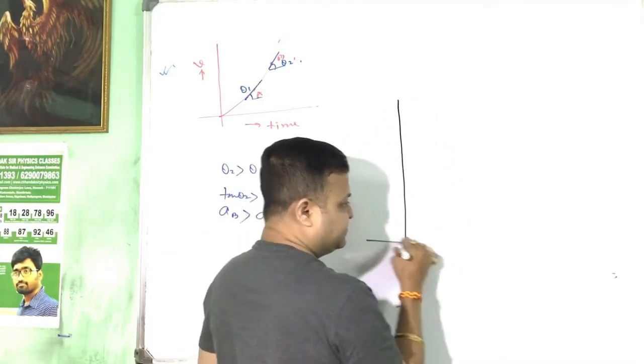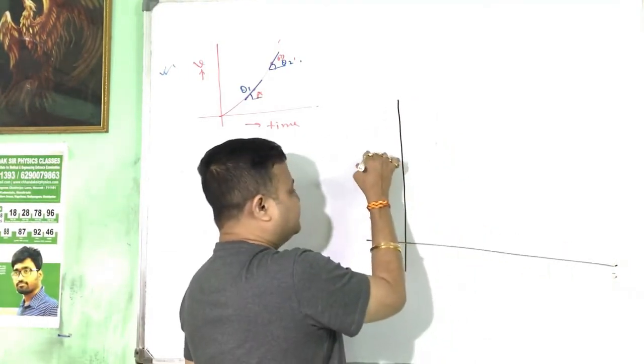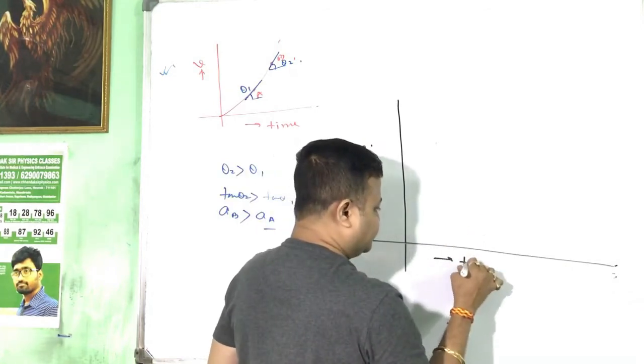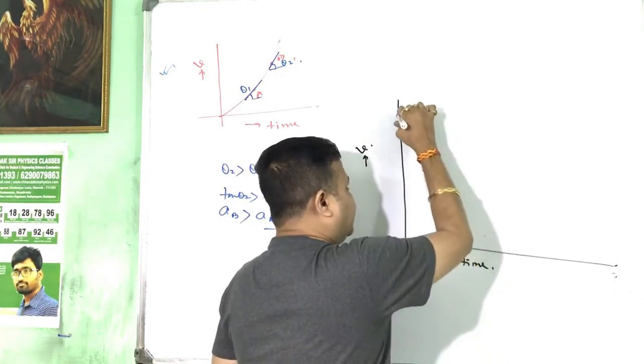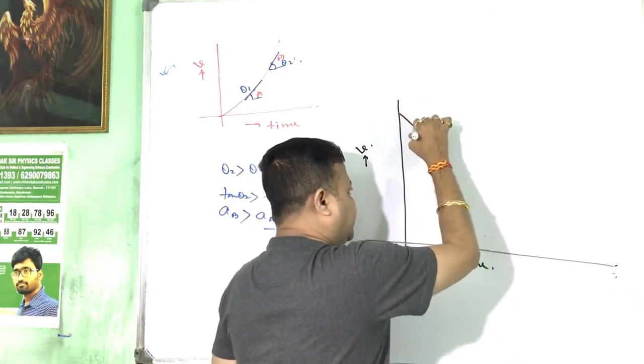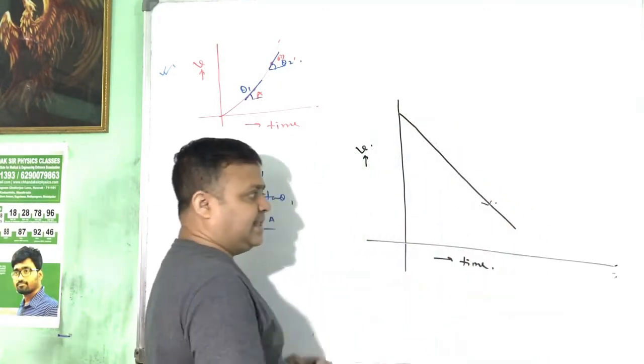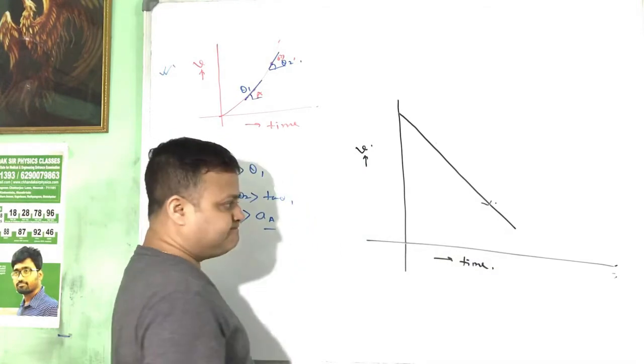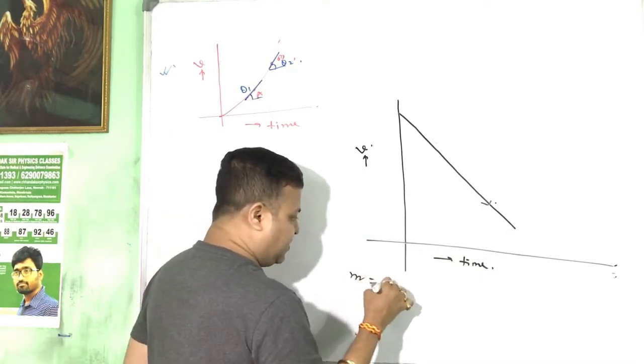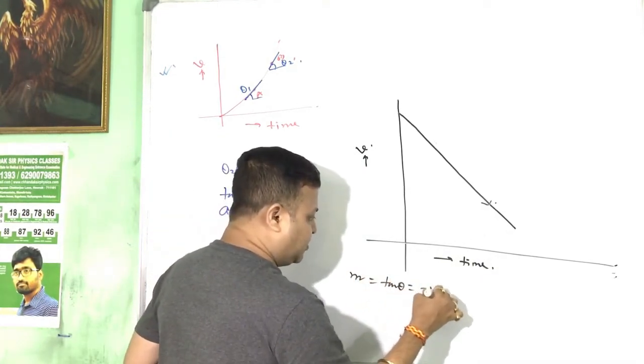Uniform retardation means that initially the velocity is this one, and it is decreasing with respect to time, and the slope is negative. m equal to tan theta is equal to a negative value.